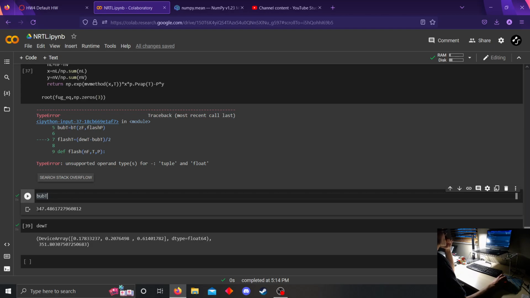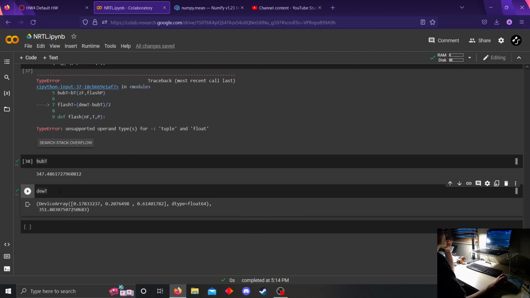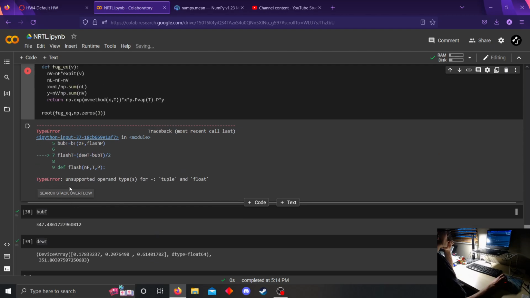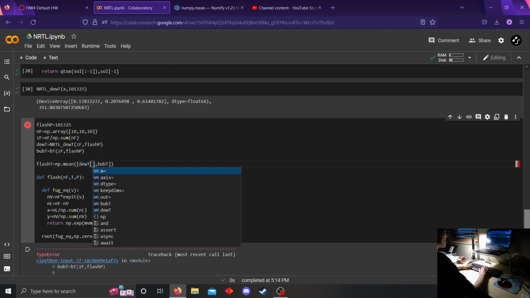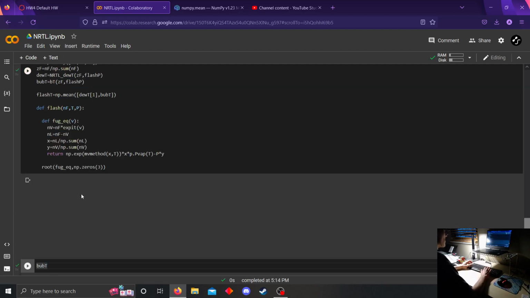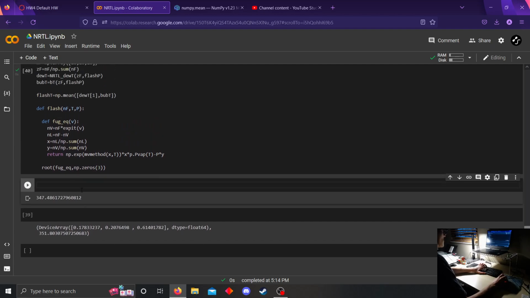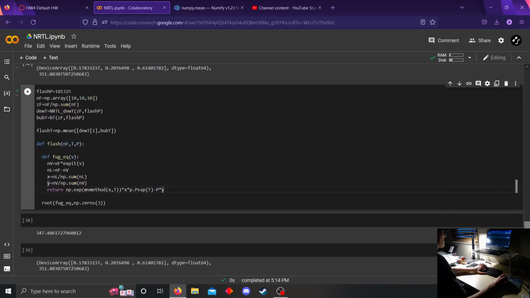Our bubble temperature is a single temperature, but our dew temperature is an array with a temperature. So this should be dew temperature 1. Oh, okay. There we go. I think that issue has been solved.